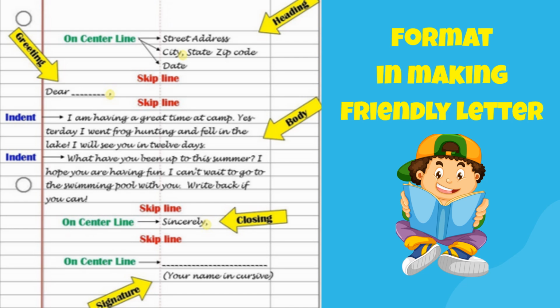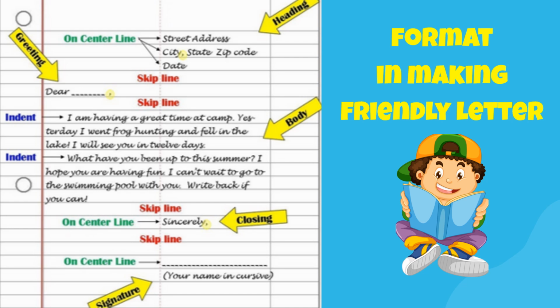So, as I've said a while ago, for the heading, for some, they put the address of the sender. But in this particular friendly letter, you just need to write the date when you have written your friendly letter. Okay? So it's on the center line.